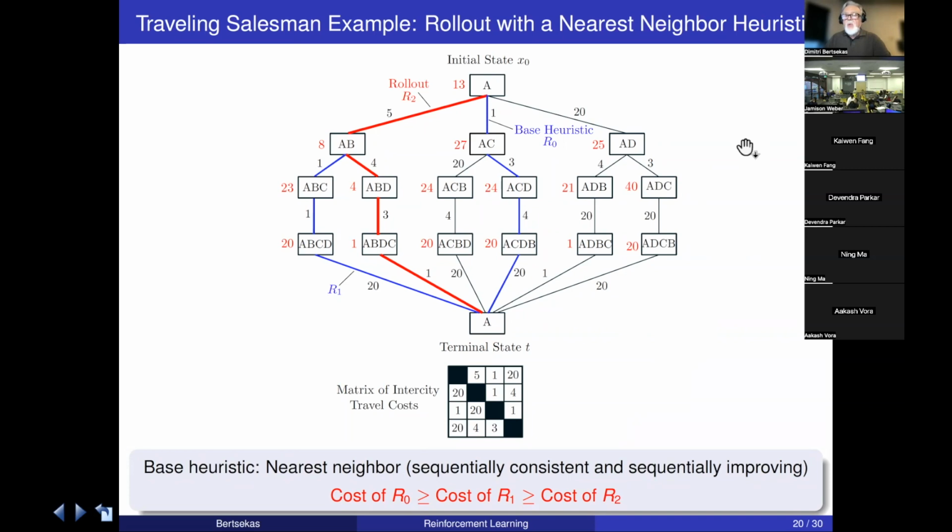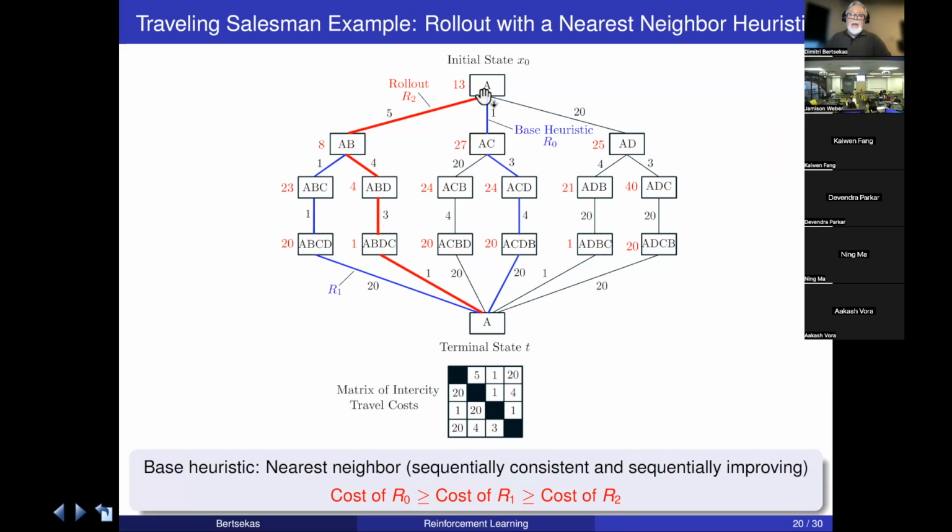So here's how the algorithm will work. At the initial state, we apply the base heuristic and generate the first trajectory by following the nearest neighbor. And the nearest neighbor heuristic generates this blue trajectory here. So that's the first trajectory corresponding to the base heuristic.